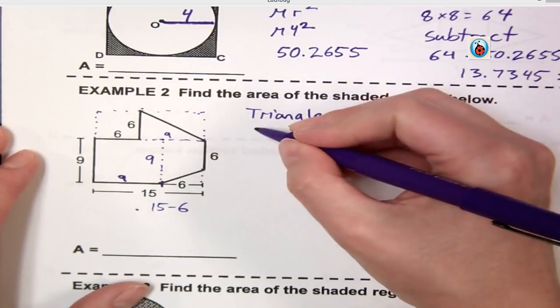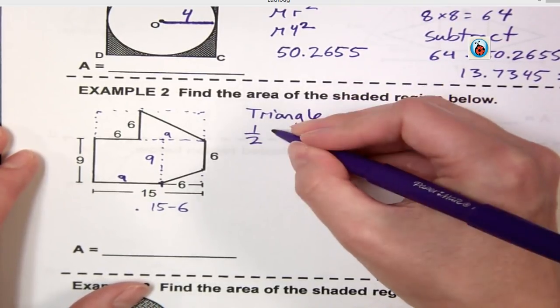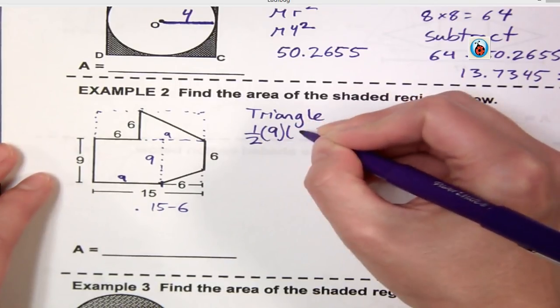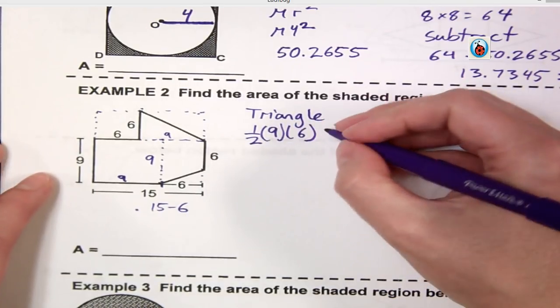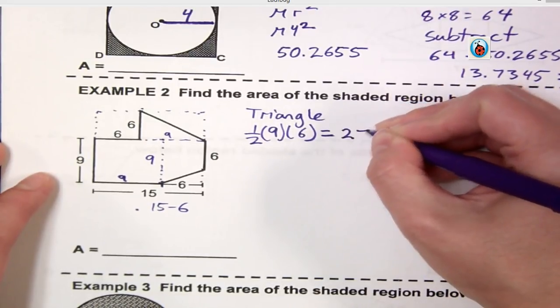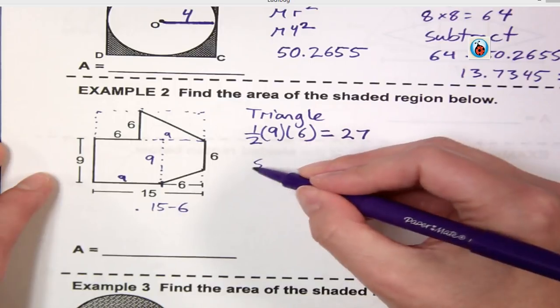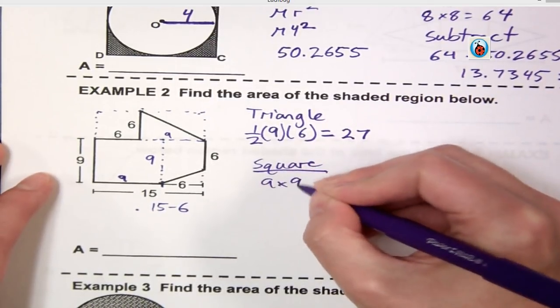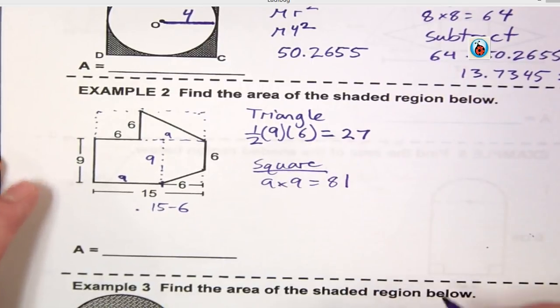So my triangle is 1/2 times my 9 base times 6 height. I multiply that out and get 27. My square is 9 times 9, which is 81.